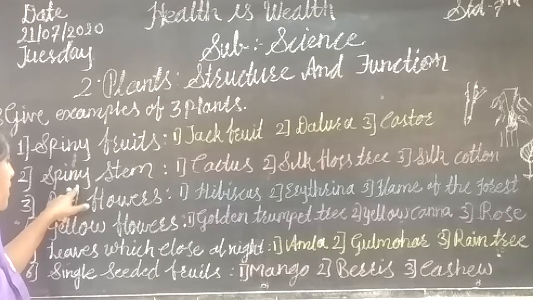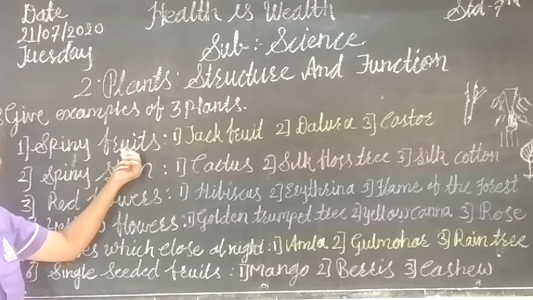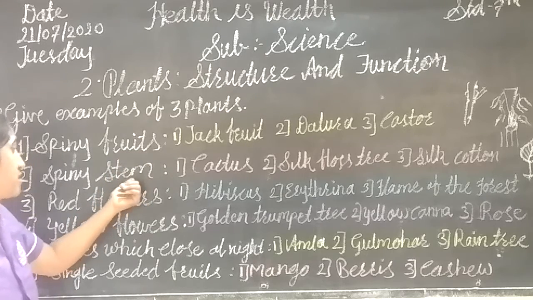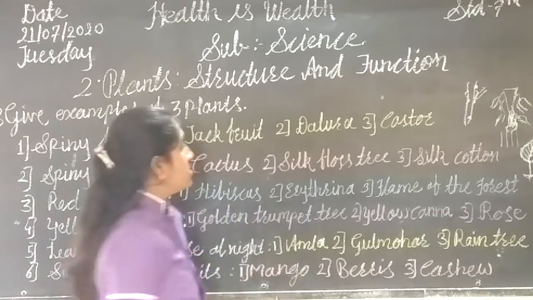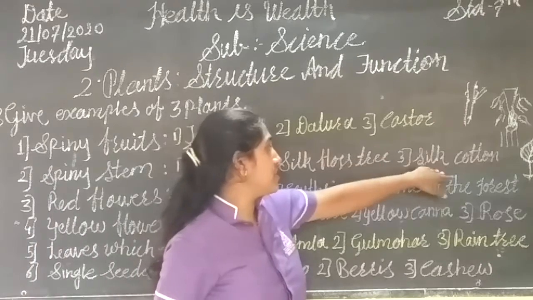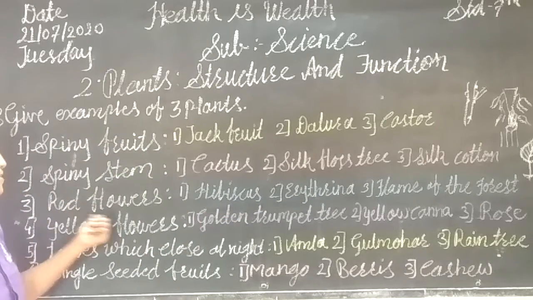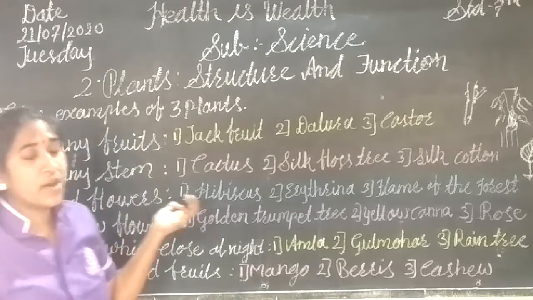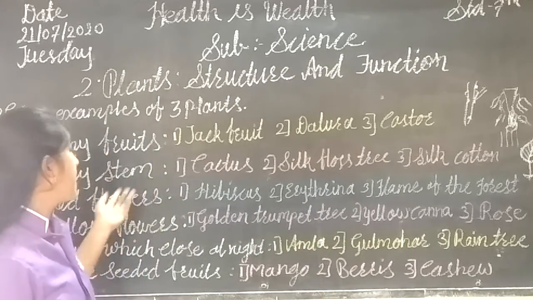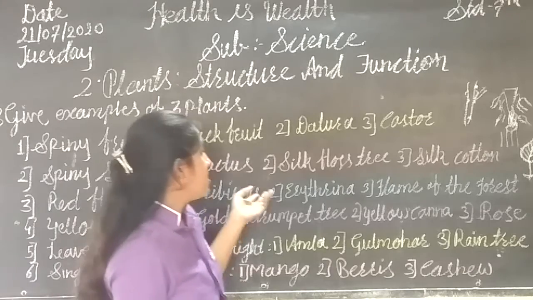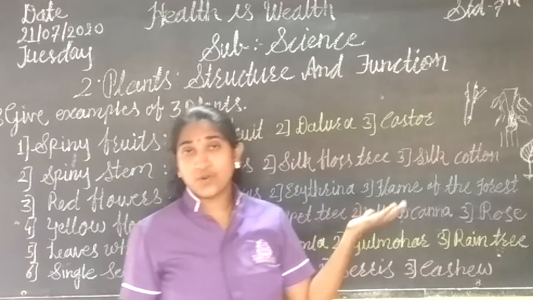Then next, spiny stem. See, first was about the fruits, now stem. The cactus, silk frost tree and silk cotton. Okay. Then red flowers. We know many trees have red flowers, like hibiscus, erythrina, plants of the forest, and rose.